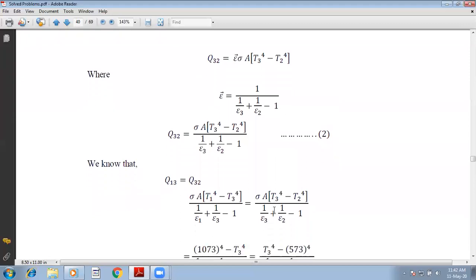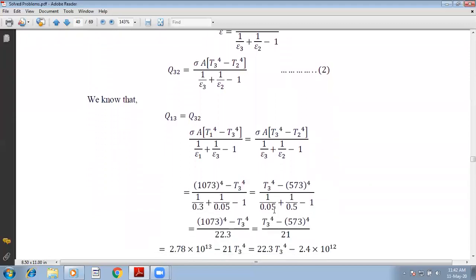Now, by considering the energy balance, we can equate the heat transfer from 1 to 3 to the heat transfer from 3 to 2. If you take the expression for the same, we'll have sigma A into T1 to the power 4 minus T3 to the power 4 upon 1 upon epsilon 1 plus 1 upon epsilon 3 minus 1 is equal to sigma A into T3 to the power 4 minus T2 to the power 4 upon 1 upon epsilon 3 plus 1 upon epsilon 2 minus 1.